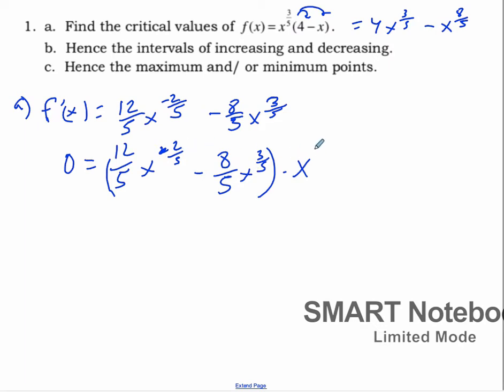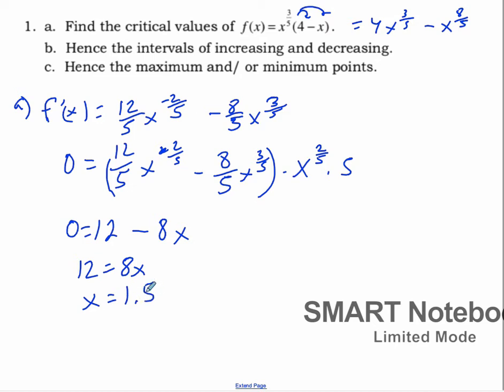That number would be x to the power of 2/5. If you think about it, negative 2/5 plus 2/5 is 0, and 3/5 plus 2/5 is 1, so that will make everything nice. And let's multiply by 5 as well to get rid of the 5 in the denominators. So this will be 12 x to the power of 0, which is just 1, and this is going to be just 8x. So we have 12 equals 8x, and x equals 1.5.